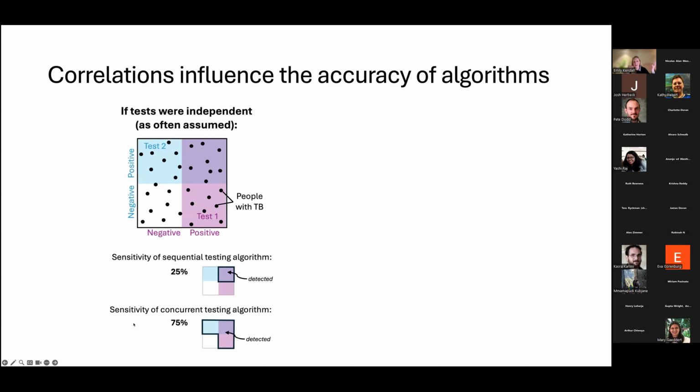And if you assume that TB is randomly distributed across this space, then the sequential testing algorithm where both have to be positive ends up having sensitivity of 25%, and a concurrent testing algorithm would have a sensitivity of 75%.